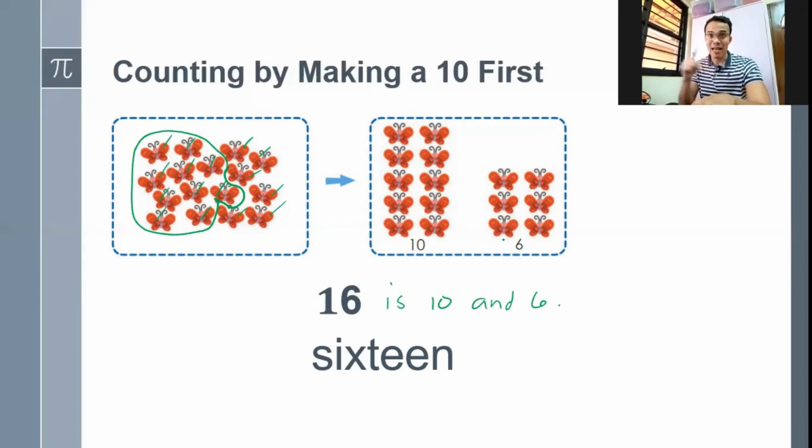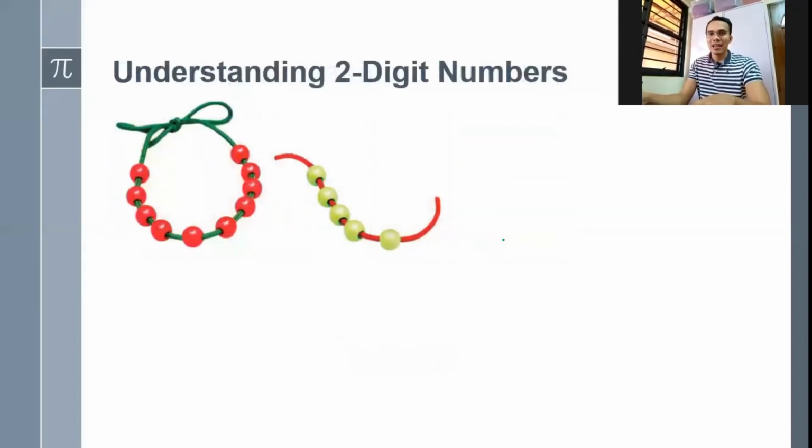Take note of that. Next, let's understand two-digit numbers. When I say two-digit numbers, these are numbers like 10, 11, 12, 13, 14. Those are some examples of two-digit numbers. How many beads are there in the picture?